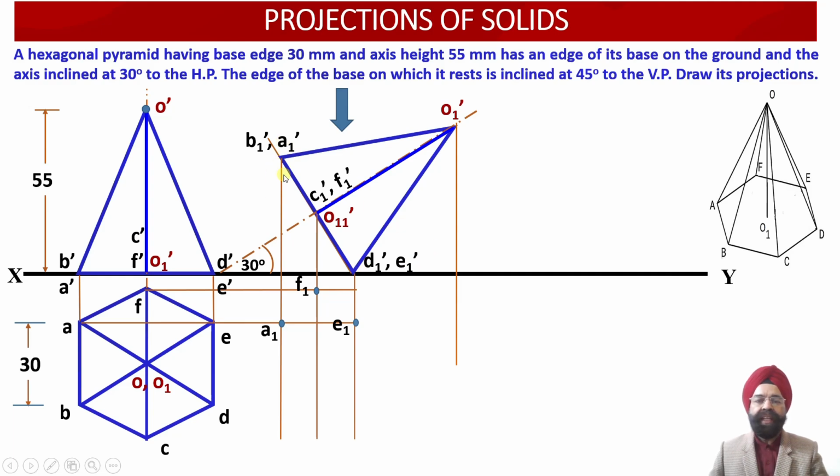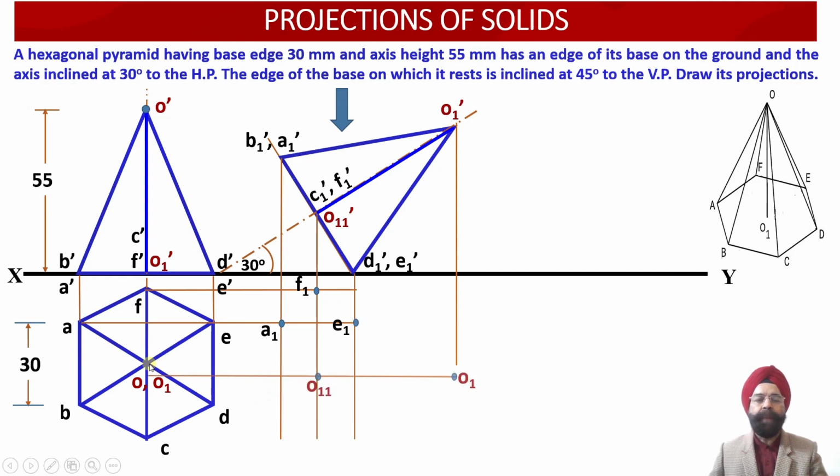So please check, the vertical projector through A1 dash is going to intersect with this line over here. So we obtain the point A1. Similarly, the vertical projector line drawn through the point E1 dash will intersect with this horizontal line drawn through the point E over here. So this point of intersection provides us with the location of the point E1.